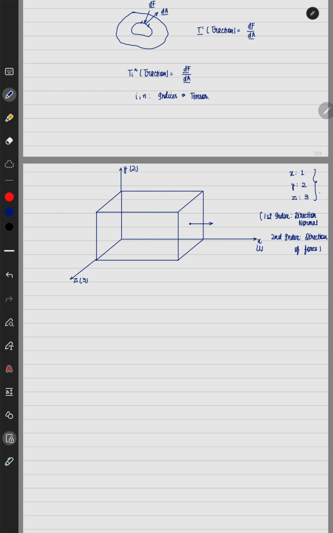This is any element that I have taken whose area is pointing in the positive 1 direction. So if I have to write the traction, I can write it as tau i n, or it can also be written as tau n i. The first index n is representing the direction of area, and the second index i represents the direction of force.